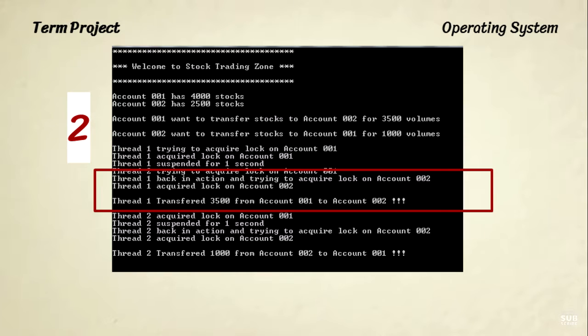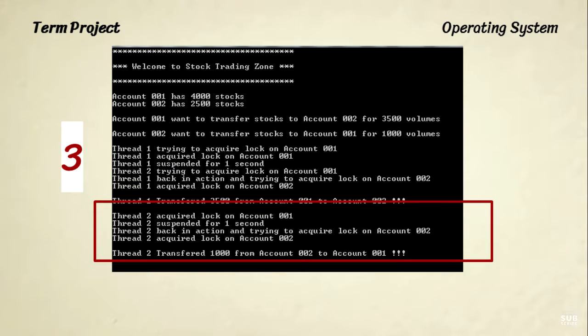While thread 2 is waiting, thread 1 acquires the lock on account 2, which thread 2 didn't acquire, so thread 1 can make its transfer without a problem.